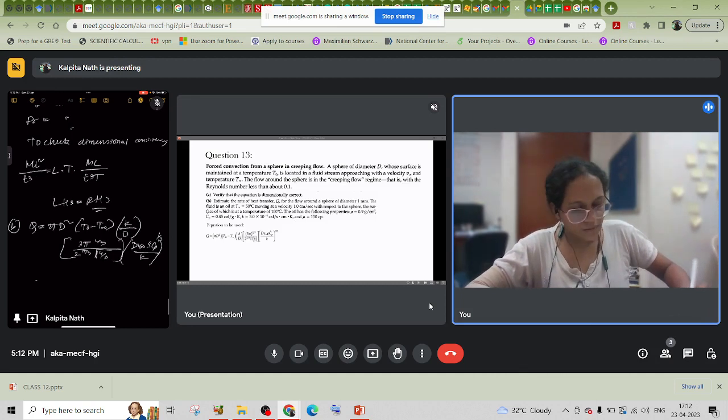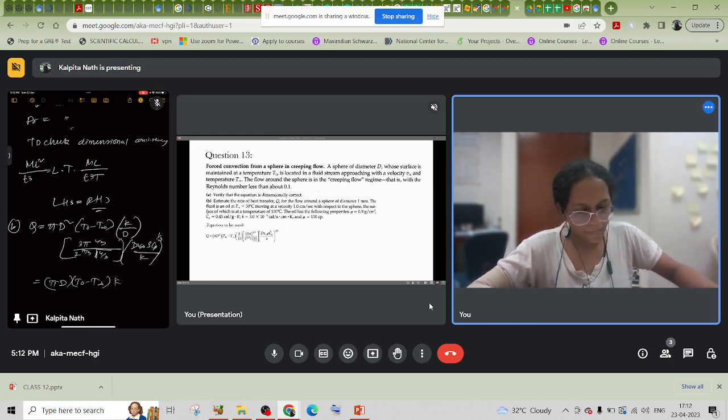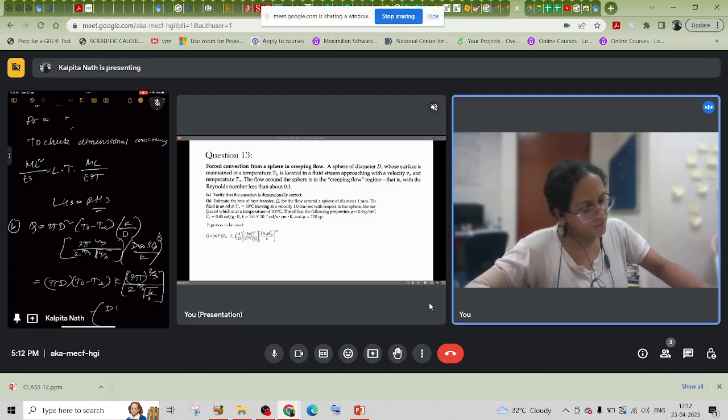So this is equal to pi d (T naught minus T infinity) k, 3 pi to the power 2 by 3, 2 to the power 7 by 3, gamma 4 by 3, into (d v infinity rho Cp by k) to the power 1 by 3.